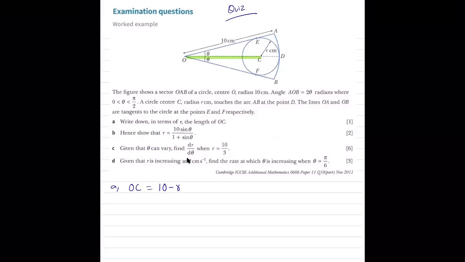The idea is to express r in terms of theta, so I will have to have some equation that links r and theta. The best equation I can think of is using the trigonometric ratios. If I join EC, that's also the radius, and the radius and the tangent OA are always perpendicular, making OCE a right angle triangle.